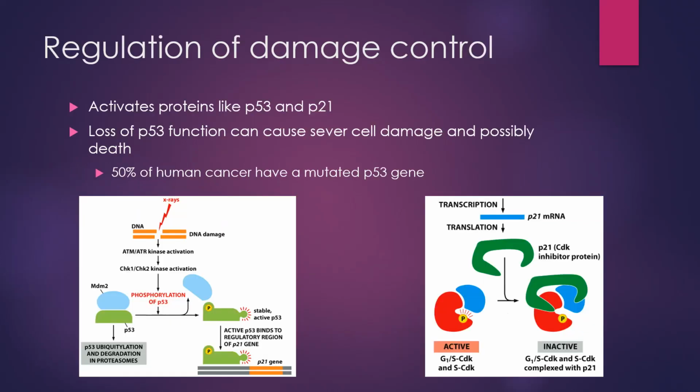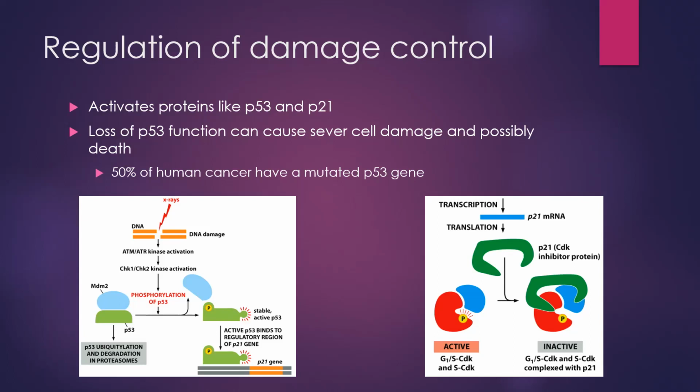To regulate damage control of DNA, proteins like P53 and P21 are activated. Once a signal is sent out by the cell, protein P53 is phosphorylated and activated to bind to the regulatory region of the P21 gene. This activates P21, which is a CDK inhibitor protein, and causes a conformational change in the CDK complex.